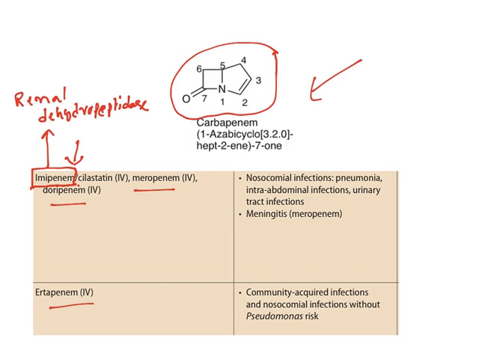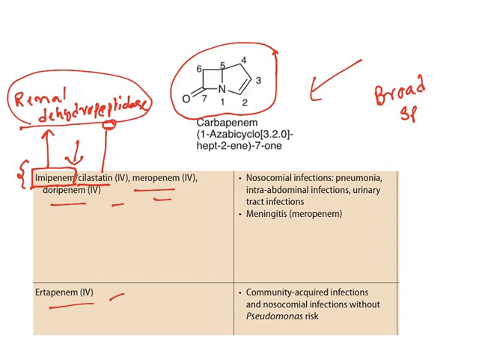To avoid this, it is given along with cilastatin. Cilastatin inhibits this enzyme, and this combination has shown increased duration of action, whereas meropenem, doripenem, and ertapenem are not metabolized by renal dehydropeptidases. Now all these drugs, carbapenems, are broad spectrum antibiotics. They have very good activity against gram positive as well as gram negative organisms.